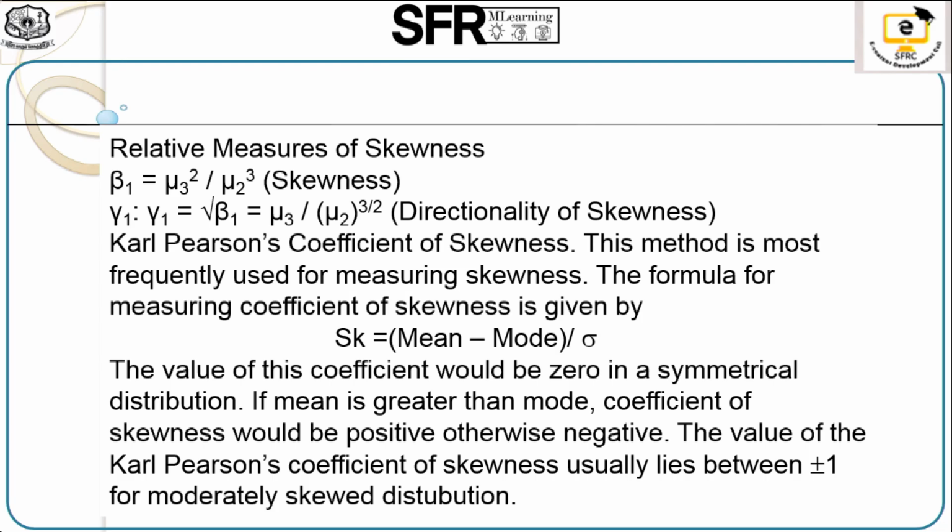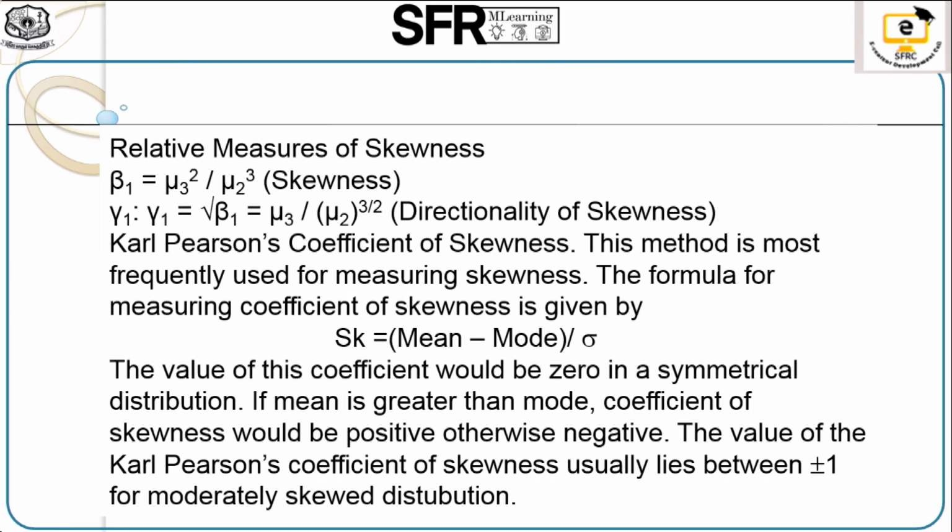In the same way, the direction of skewness is measured if we take the square root of this, which gives square root of beta 1, equal to mu3 divided by mu2 to the power 3 by 2. These two are known as the absolute measure of skewness and the relative measure of skewness.